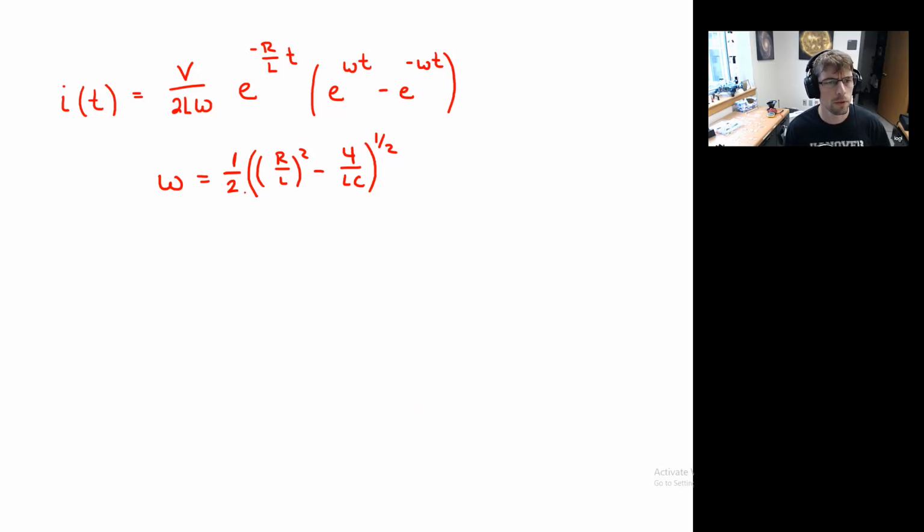For those of you that are really interested, you might recognize this as being a hyperbolic function. In particular, I believe this is sinh.